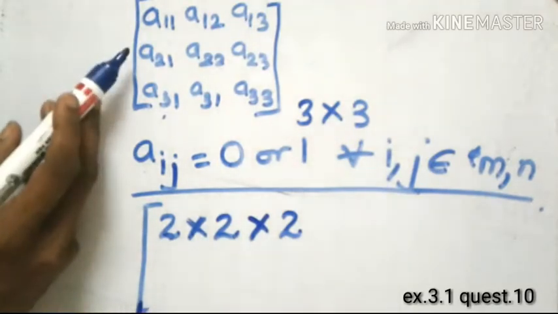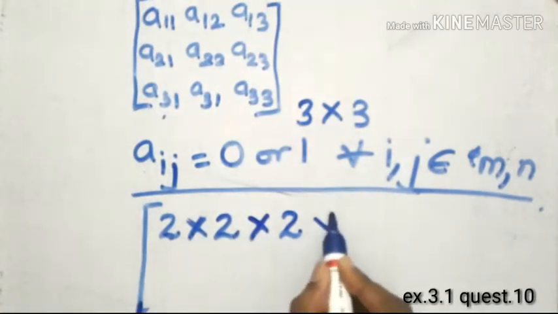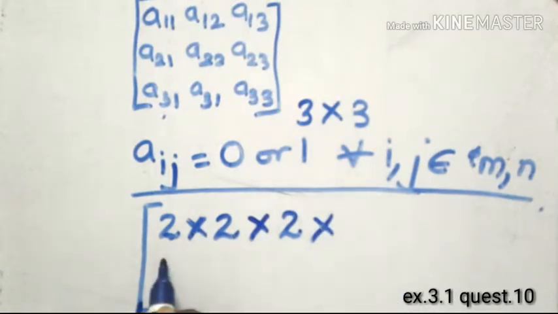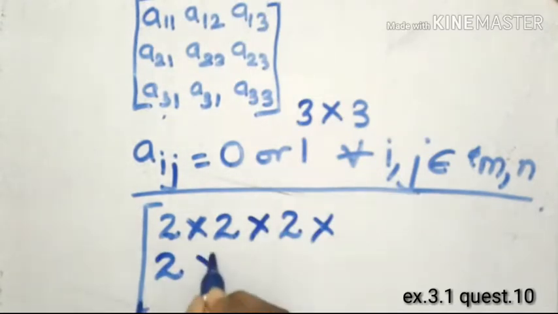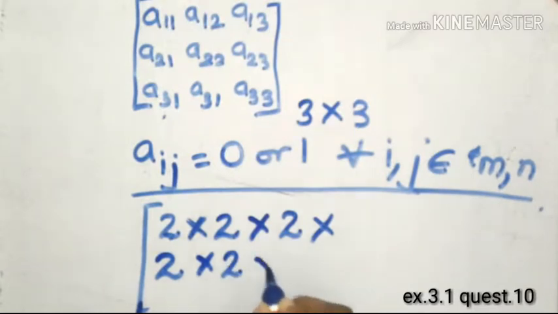Now let's come to the second row. So again there is an "and", and the second row first column element can also be 0 or 1. So once again there are 2 options, and A22 can also be 0 or 1, and A23 can also be 0 or 1. So there are again the same 2 options.